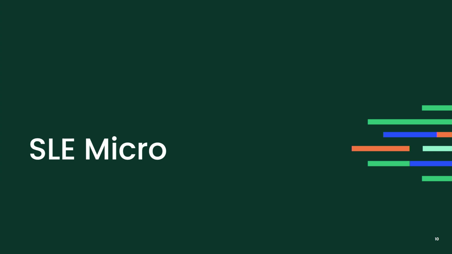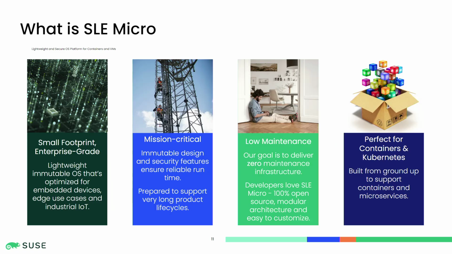To talk a little bit about SLE Micro, why would you choose that one? So first off, it's very small, but still enterprise grade. You may have other Linux distros out there that are small, but none with that enterprise grade in the background. It's built on an immutable design.